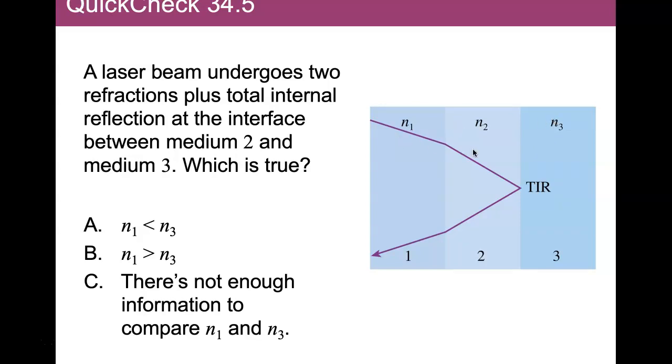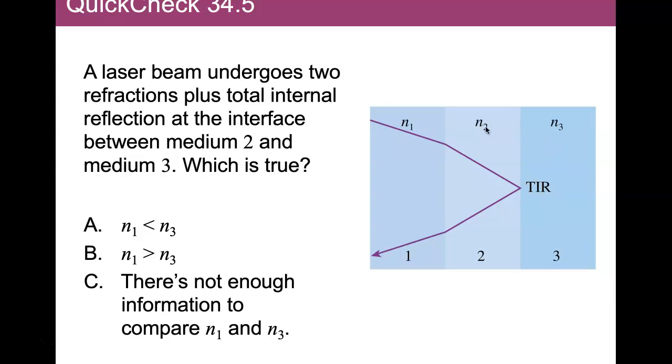smaller than N2, right? Because if N3 is larger, you want to bend toward the normal as you reach here, and then you can enter. But if N3 is smaller, you want to bend away from the normal, so you may not be able to bend away enough because the maximum is 90 degrees.